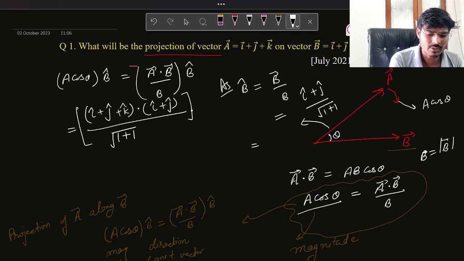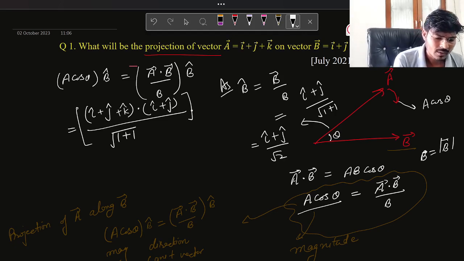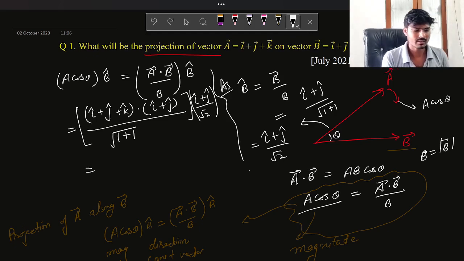So what will it be? I cap plus j cap over root 2. So here we can also write I cap plus j cap over root 2. And what will it be in the numerator? It is simple.